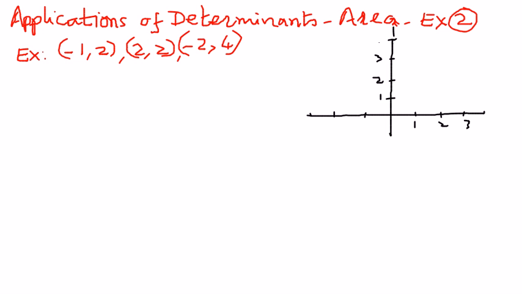And then here we have 4, and then this one as -1, -2, and -3.